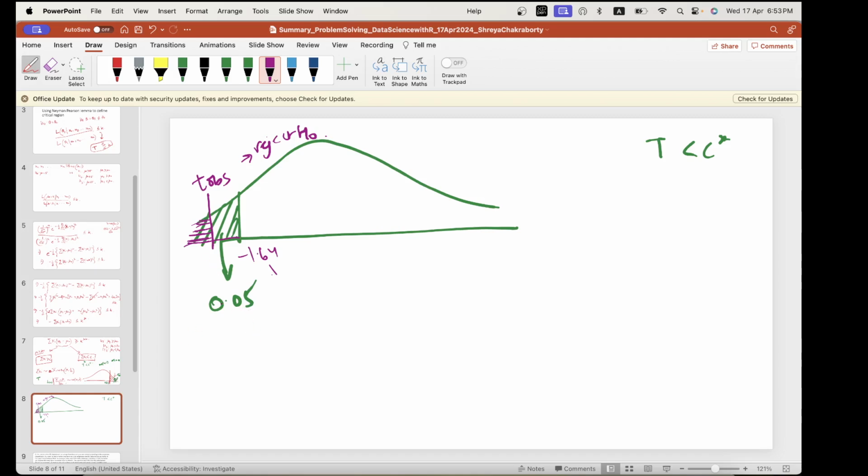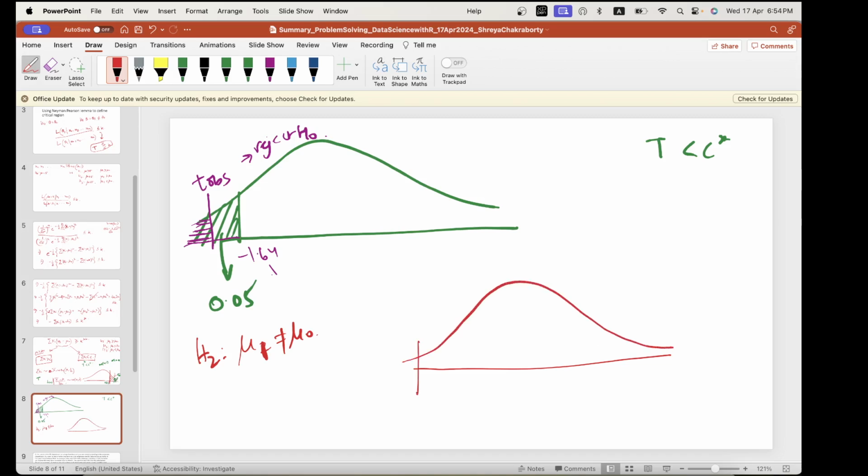Is it clear? Now, in case of a two-tailed test, what happens? Let's say you are considering H2, mu1 not equal to mu naught. Then you have to devise your test in such a way that you are rejecting if it falls in both the extremes. You are going to reject if it falls here, or you are going to reject if it falls here. And how are you devising it? This is a symmetric distribution.